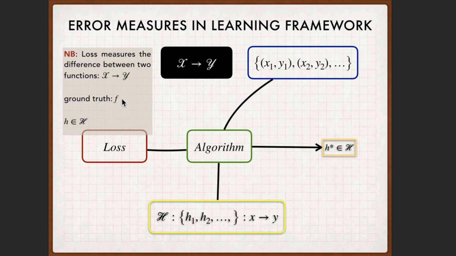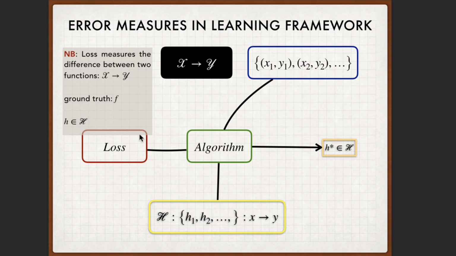One function is the one that underlies the generation of the data, and the other function is the individual hypothesis in the hypothesis family.